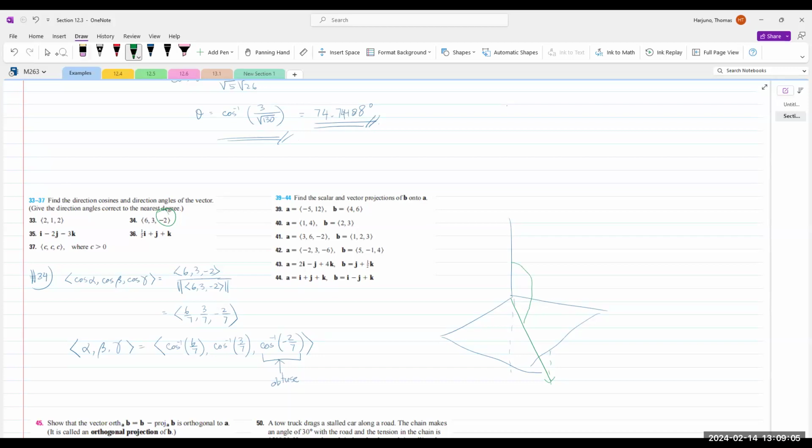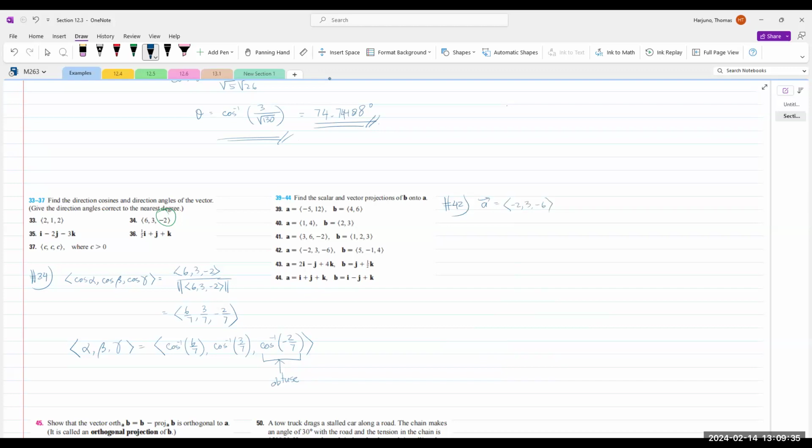Okay, let me go on. I think one question is enough for that part, huh? Okay, and then numbers 39 to 44, find the scalar and vector projection of B onto A. Let's choose one of them. Let me do number 42. Vector A is (-2, 3, -6).